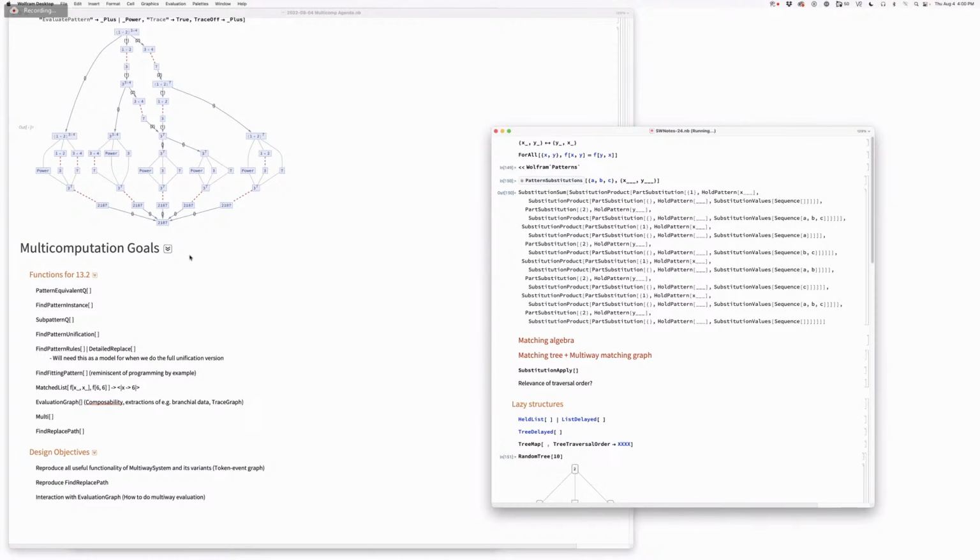And our goal in the larger scale is, as we have other applications of multi-computation, and as we want different kinds of observers and things like this, just like the good news was in doing the mathematics project, we could pretty much leverage existing token event graph and nest graph tagged and so on things for that project.